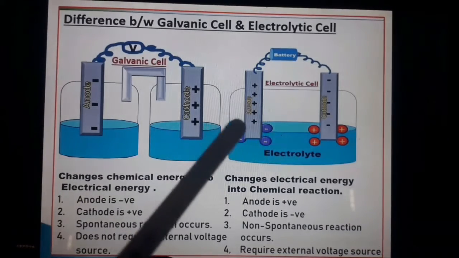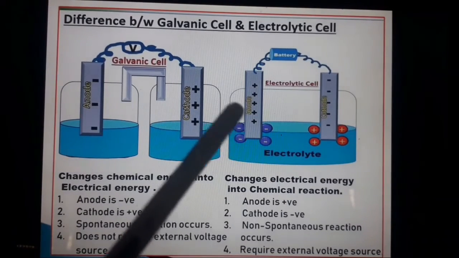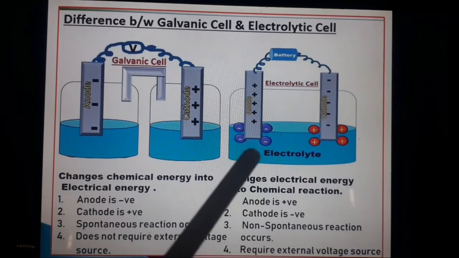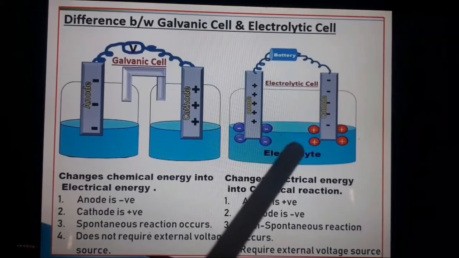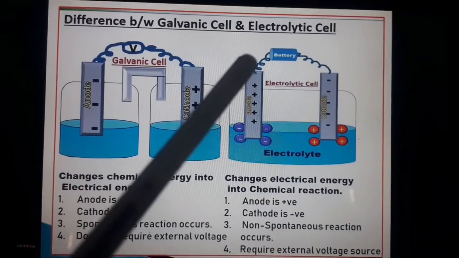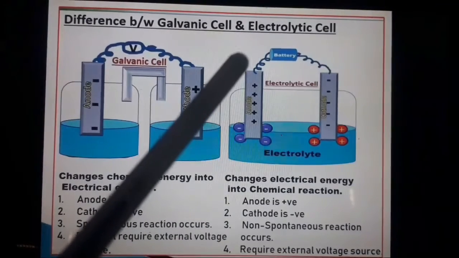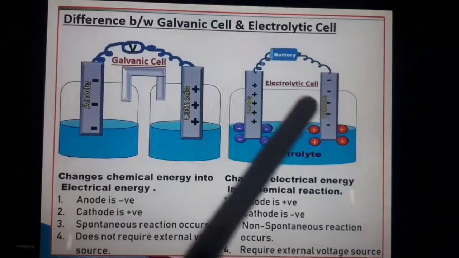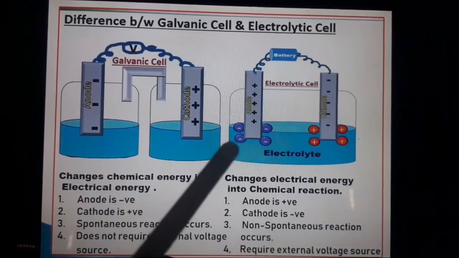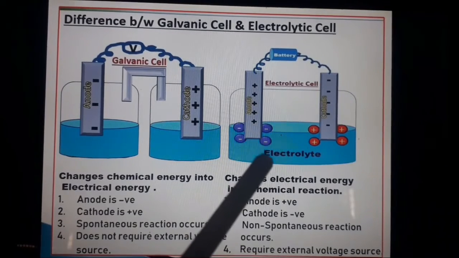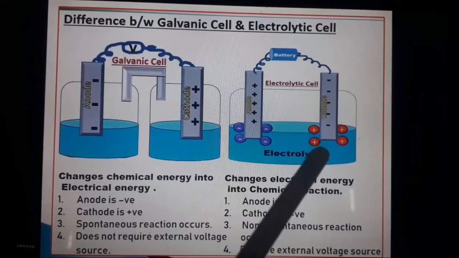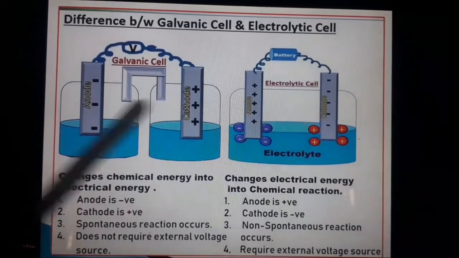In the electrolytic cell, one electrolyte solution with two electrodes immersed and an external battery connected. The current passes through the electrodes; the negative electrode attracts positive ions and the positive electrode attracts negative ions.